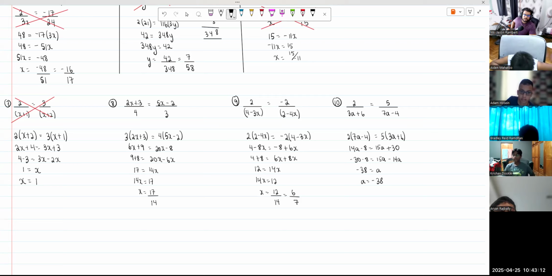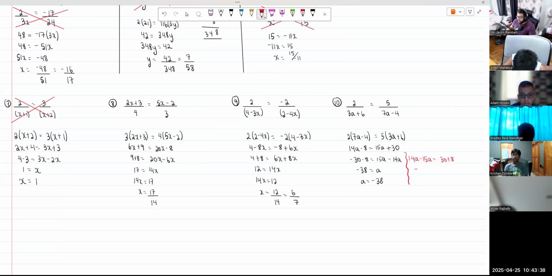So see, most of you got it correct. Now, just to show you, some of you would have moved the a's to the left. If that was the case, this is what I'll end up with: 14a take away 15a is equal to 30 plus 8. 14 minus 15 is minus 1.